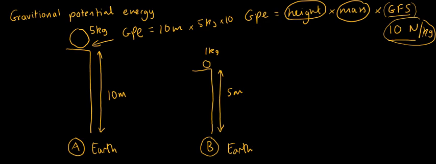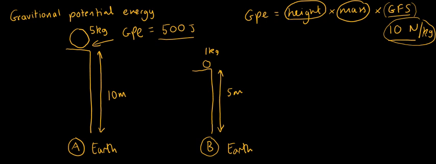So that's going to be 10 times 5 is 50, and then times 10 is going to give me 500. So 500 joules of gravitational potential energy.